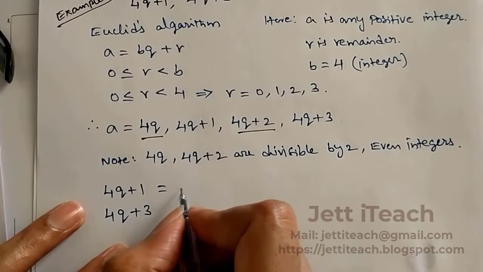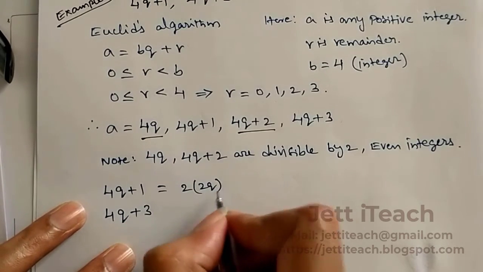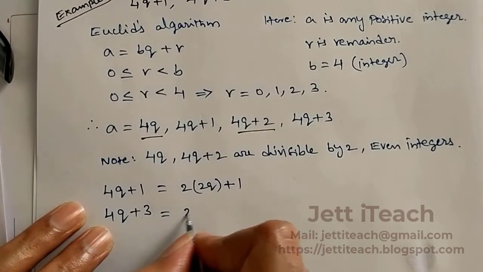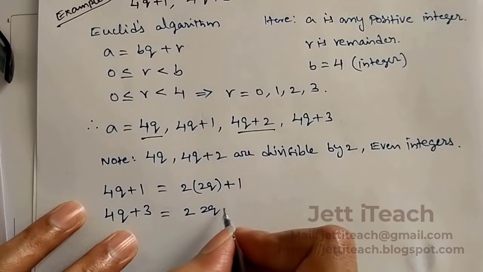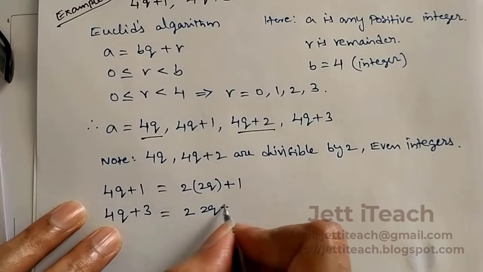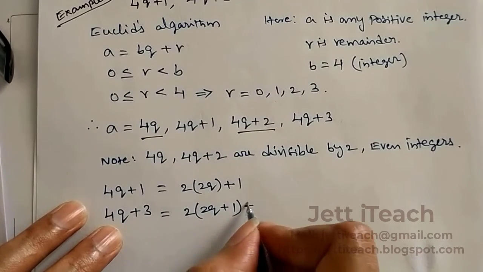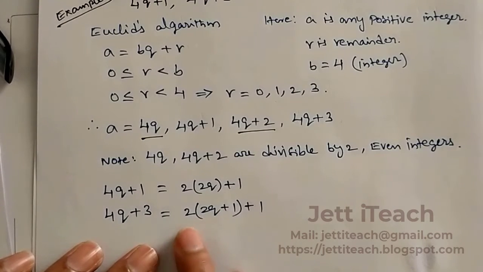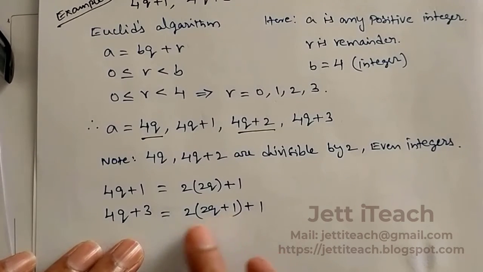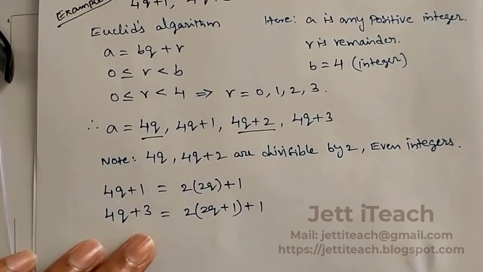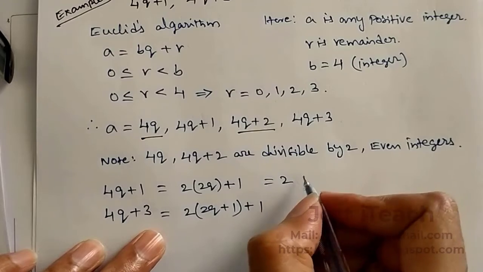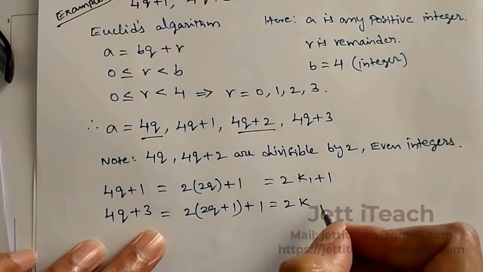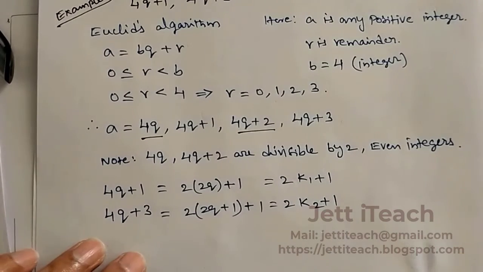4q plus 1 you can write as 2 into 2q plus 1. Why did I write it like this? 2 twos are 4, so 4q, and 2 ones are 2, plus 1 makes 3. This is something like 2k1 plus 1, and 2k2 plus 1.